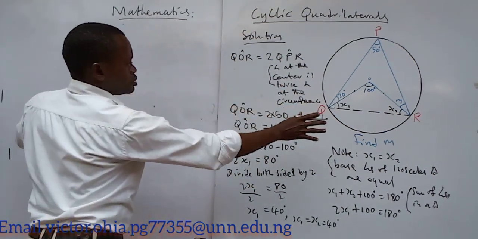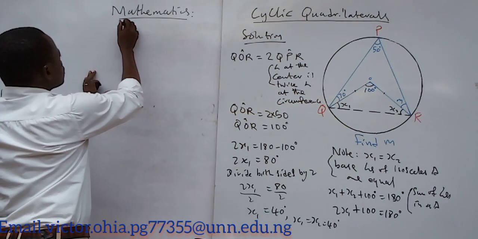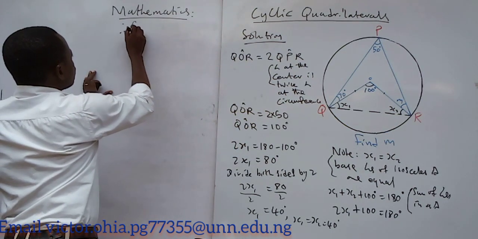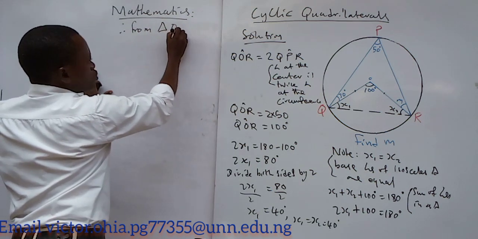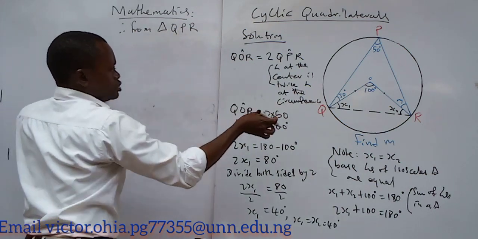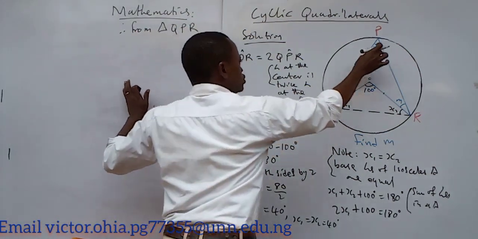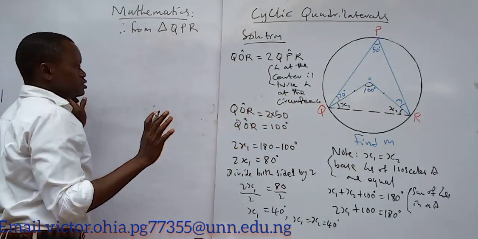That's how mathematics goes. So, do you realize I can now say, from this big triangle PQR, that this angle plus this angle plus this angle will give me 180 degrees.